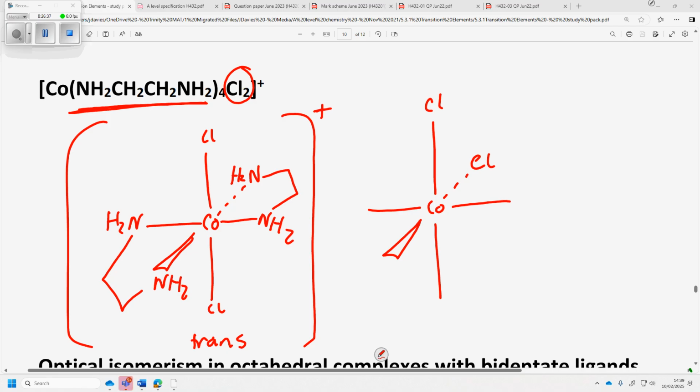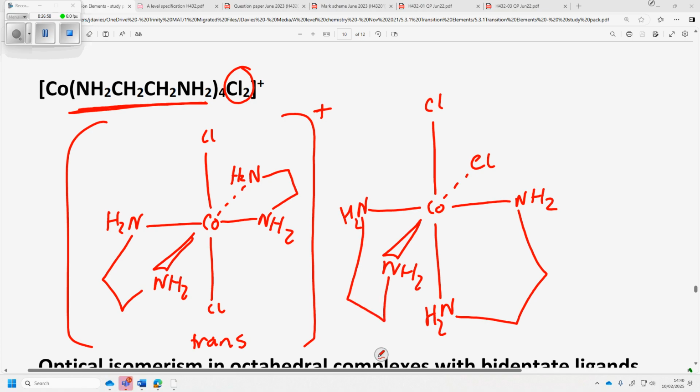So NH2, NH2, same again. It may not look beautiful, but the examiner can see that it works.